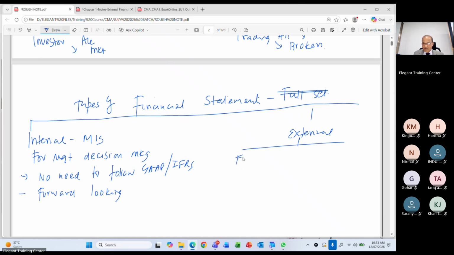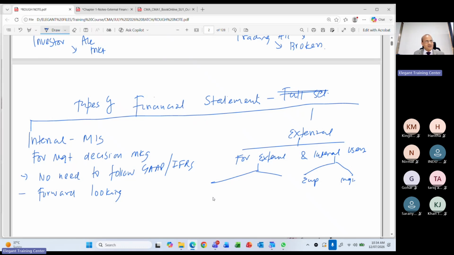External financials are for external and also internal users. Internal users, as you discussed, can be employees, can be management, etc. And external, we discussed previously: stock exchange, suppliers, investors, regulators, advisors.